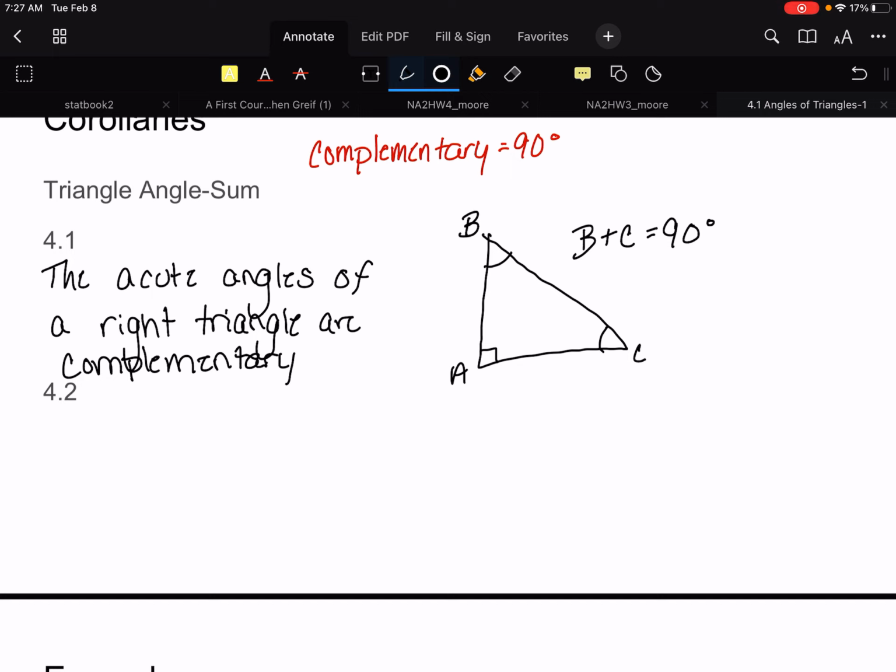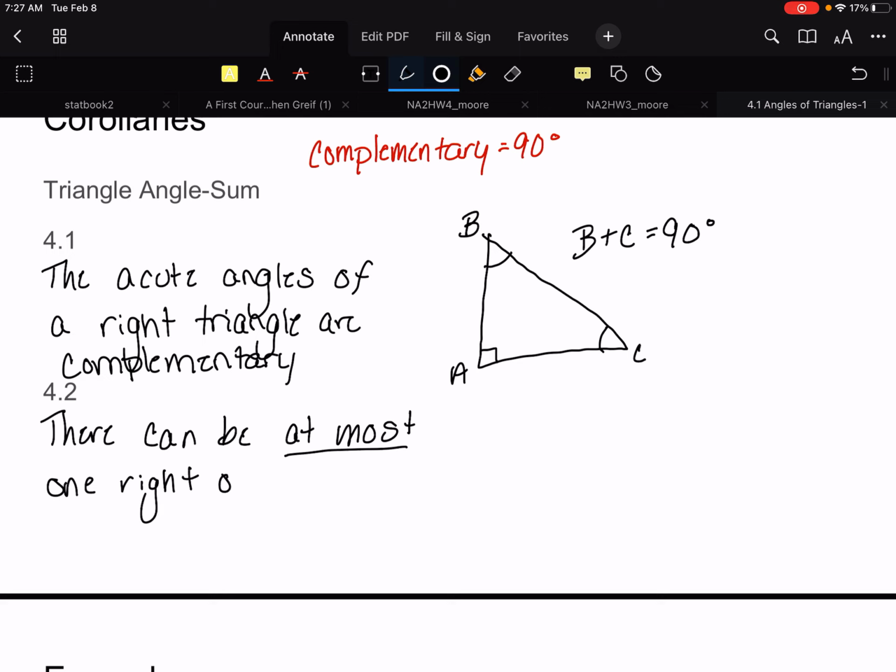And in 4.2, the triangle angle sum corollary 4.2, there can be at most one right or one obtuse angle in a triangle. So, in other words, if I was to try and draw a triangle with two right angles, I'm not going to get anywhere.